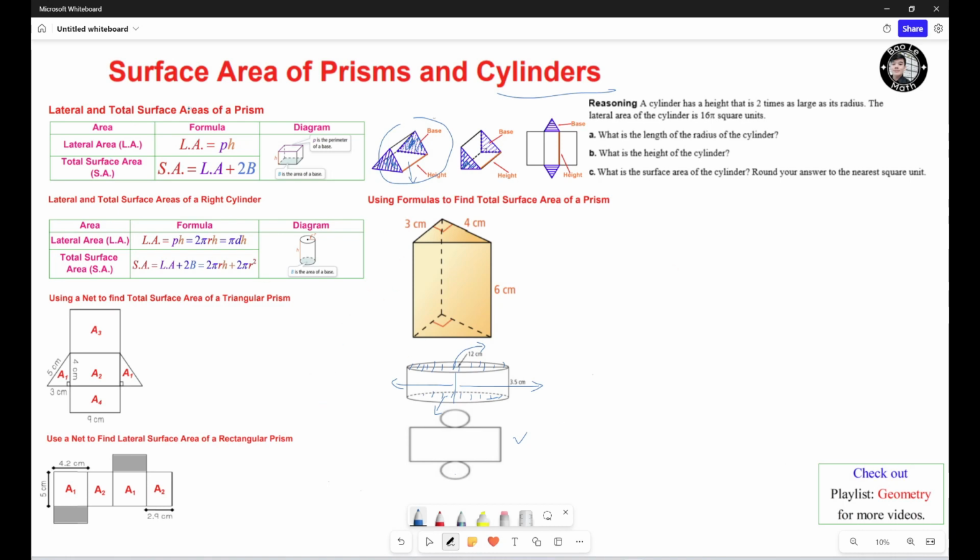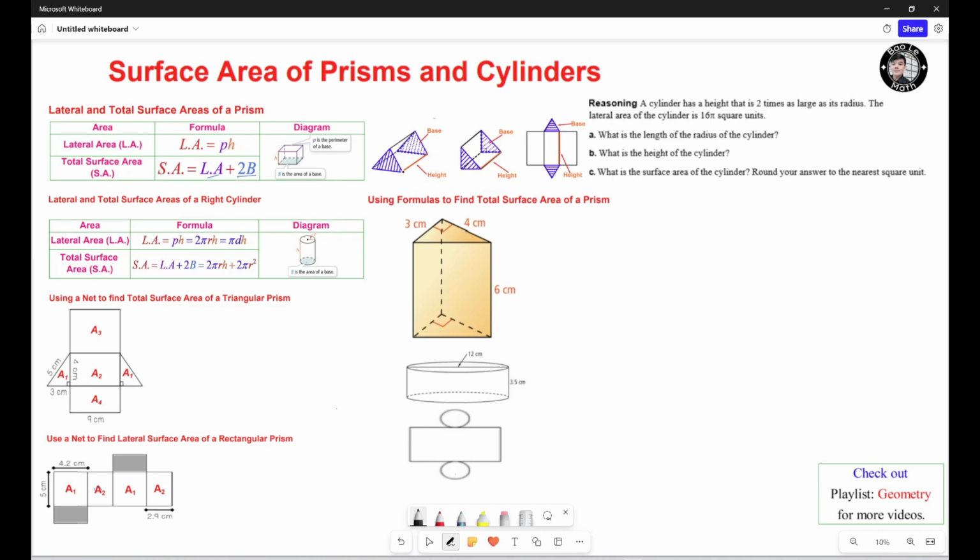Alright, let's take a look at the formula for the lateral and total surface area of a prism. The lateral area of the prism equals P times H, where P is the perimeter of the base and H is the height of the prism. The height of the prism is the distance between the two bases.